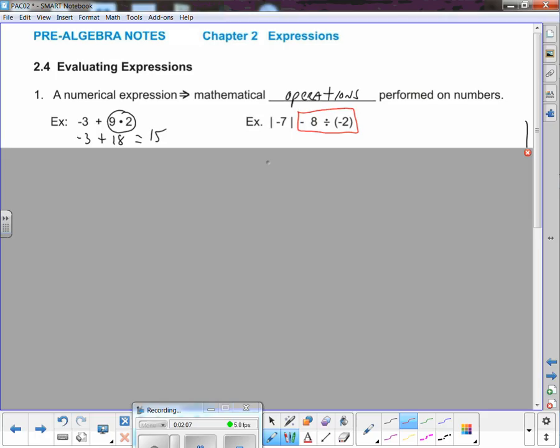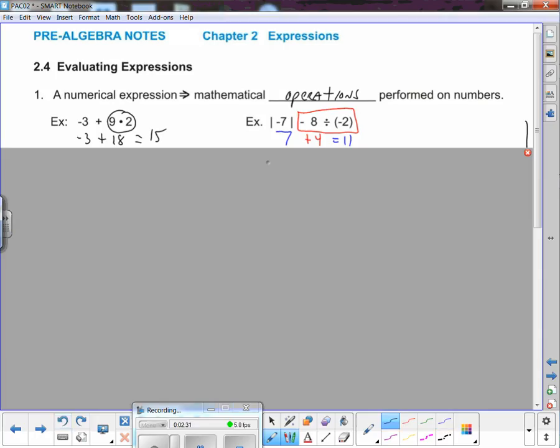So, if you think of it as a -8 divided by a -2, you get a +4. And hopefully you agree. I can now deal with the absolute value of -7. So, Julia, what's the absolute value of -7? 7, correct, because it's 7 away from 0, and the answer is 11, right?